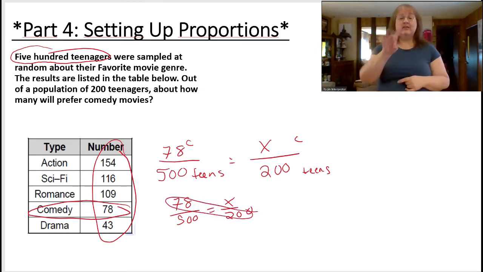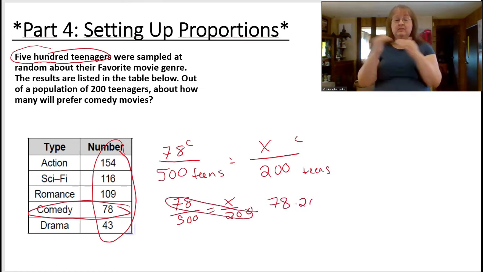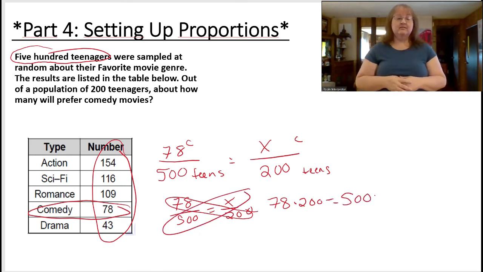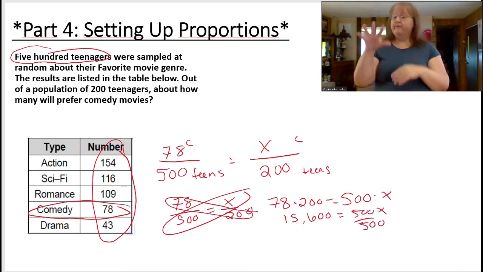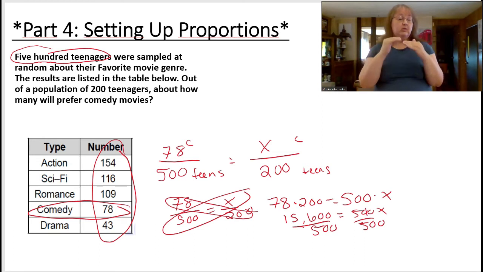When I do that, I do 78 times 200 equals 500 times x. So 78 times 200 equals 15,600 equals 500x, divided by 500, divided by 500.